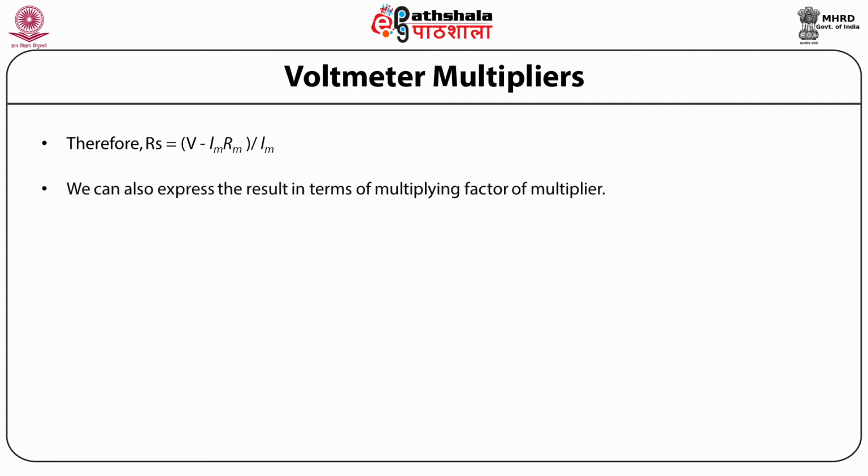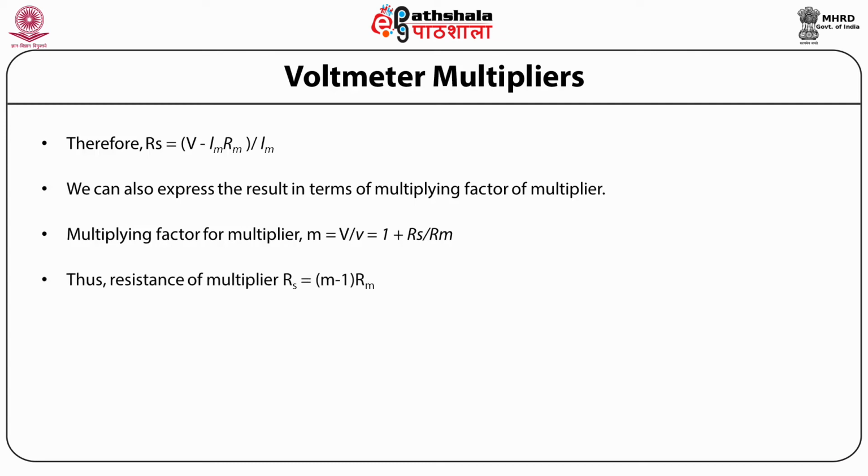We can also express the result in terms of the multiplying factor of the multiplier. The multiplying factor M is equal to capital V by small v, which is equal to 1 plus Rs by Rm. Thus, the resistance of the multiplier Rs is equal to (M minus 1) multiplied by Rm.